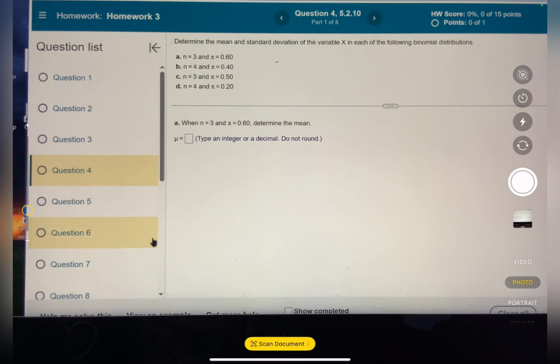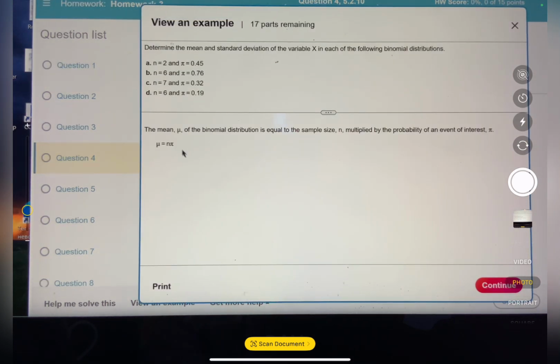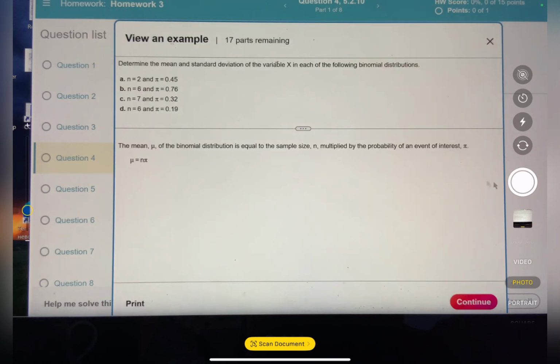I'm going to open the formula, since these letters would be inconvenient for me to write. Here, mu is equal to n times p, total amount of cases times the probability. That will be our average. Write down that formula, and that's what we need to find out first. Let's do it.